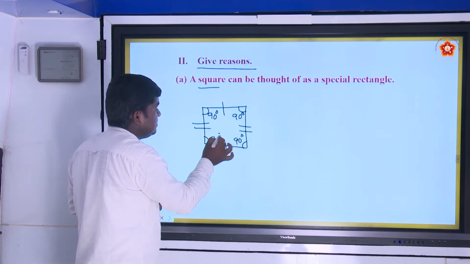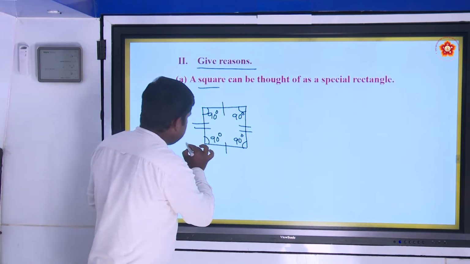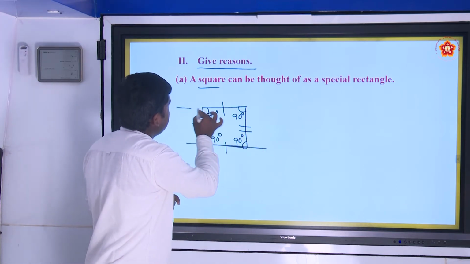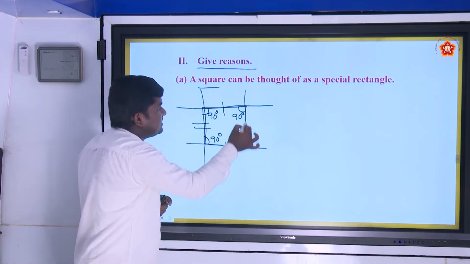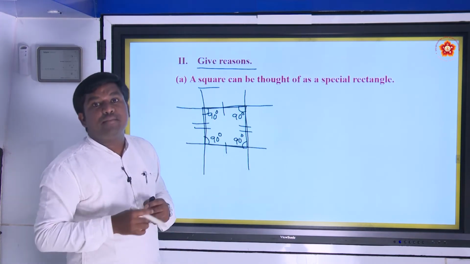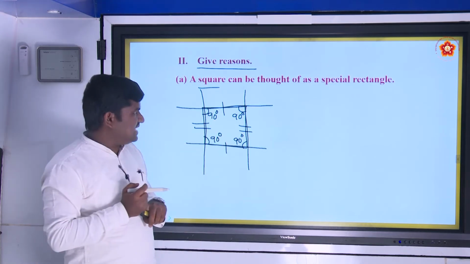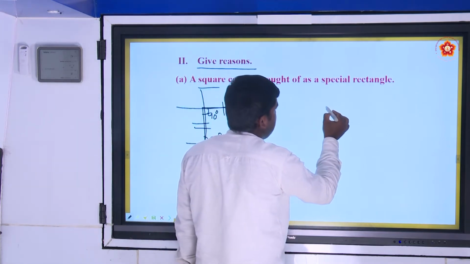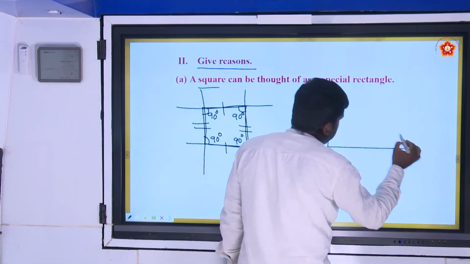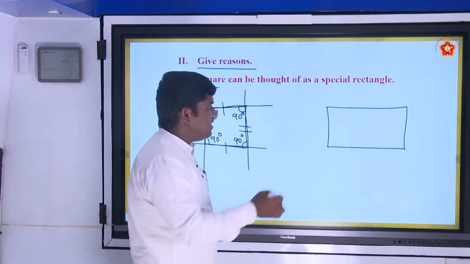Next, opposite sides are parallel. See, this side and this side are parallel, and these two lines are also parallel. Two pairs of parallel lines are there. Next, see the properties of a rectangle. This is the rough sketch of a rectangle.